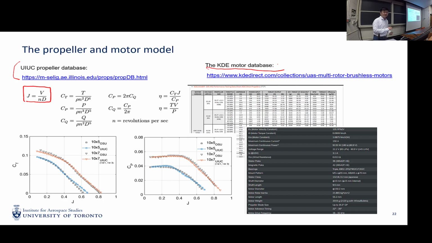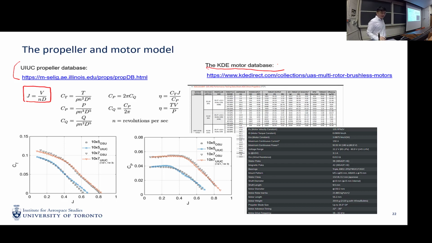Is everybody familiar with the KDE motor data set? No? Okay. This is also a website where you can get the characteristics of electric motors. For example, you can go to this website and it tells you the kV value, the internal resistance, and also the response between the voltage and the spinning velocity.